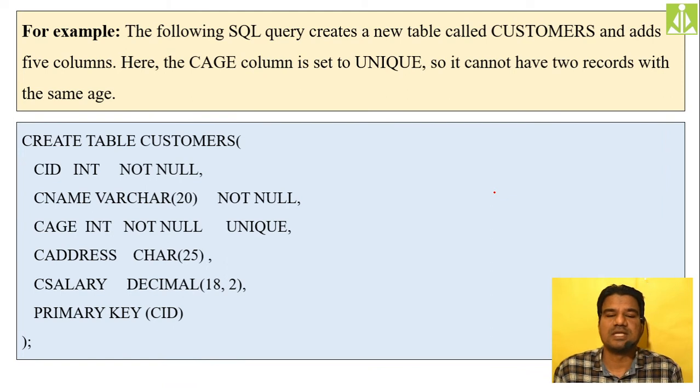So let us take this example, creating a new table with the unique constraint. Again, I will drop that customer table and create a new table with 5 columns: CID, CNAME, CH, CAddress and CSalary. The first 3 columns I am making not null, and CH not null as well as unique.